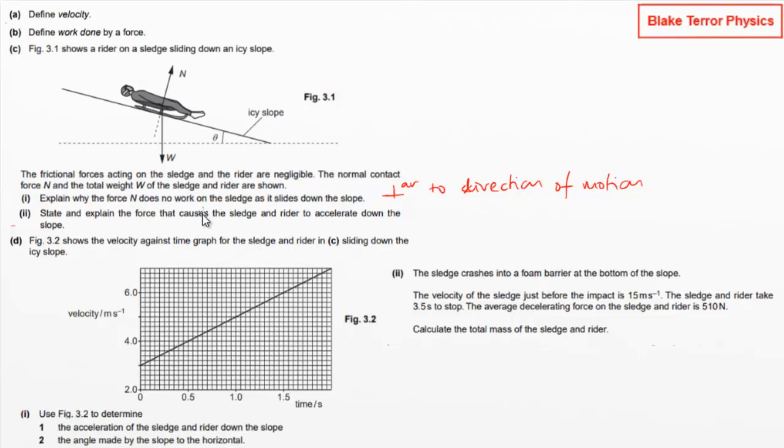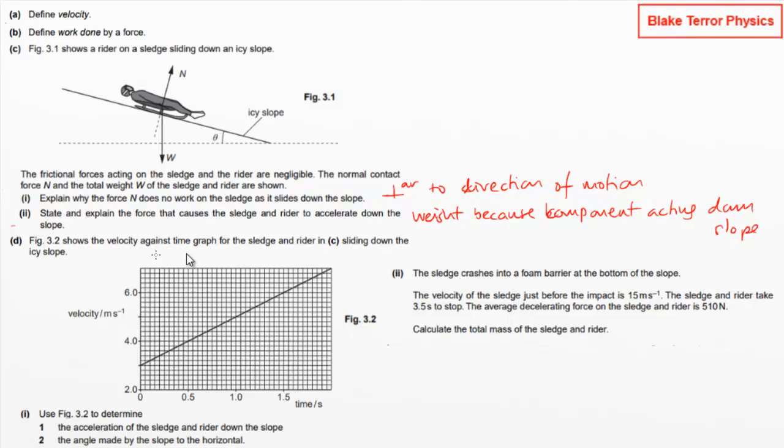State and explain the force that causes the sledge and rider to accelerate down the slope. So it's the weight that's causing it, because it has a component acting down the slope. So that's all fine.